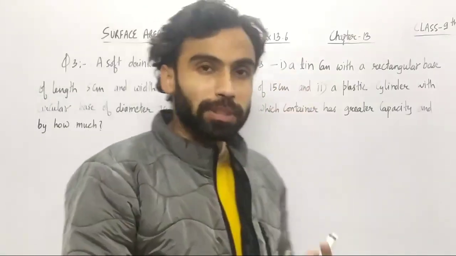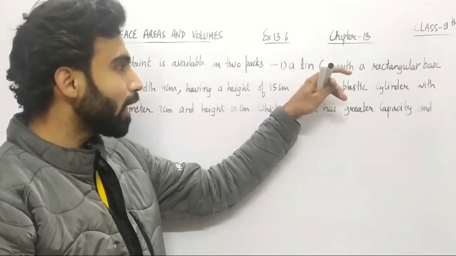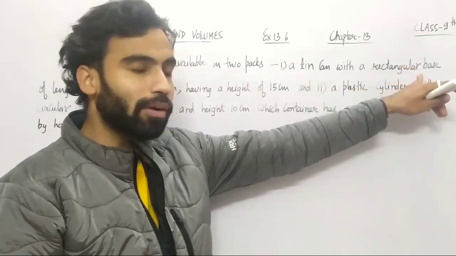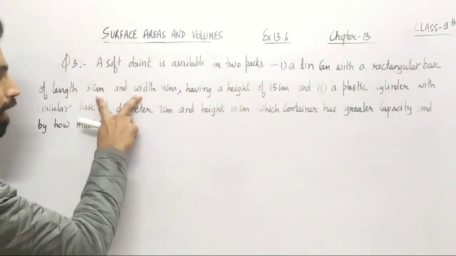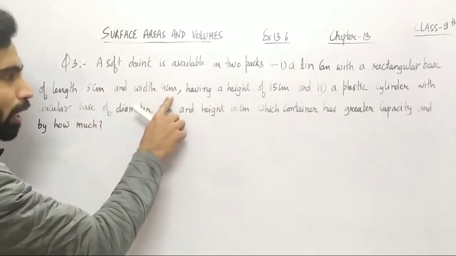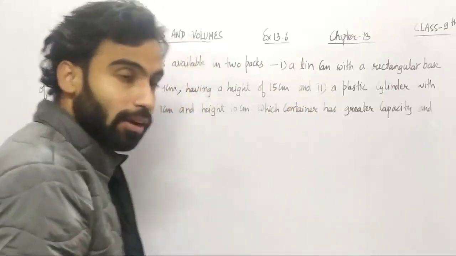So यहाँ पे जो सबसे पहला soft drink का जो पैक है वो एक टिन कैन है, जिसका बेस रेक्टेंगुलर है, जिसकी लेंथ और ब्रेड्थ हमें गिवन है as 5 centimeter and 4 centimeter. Also the height of this tin can is given to us as 15 centimeter.